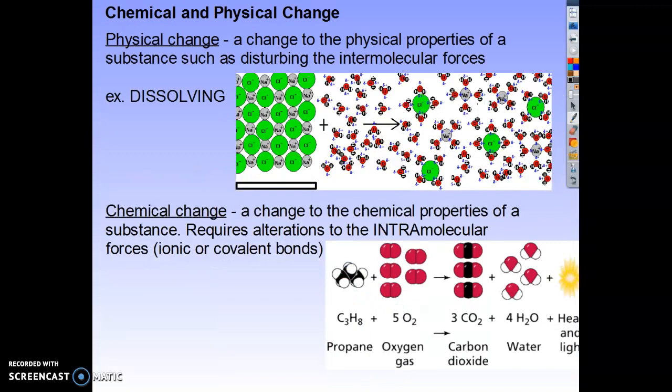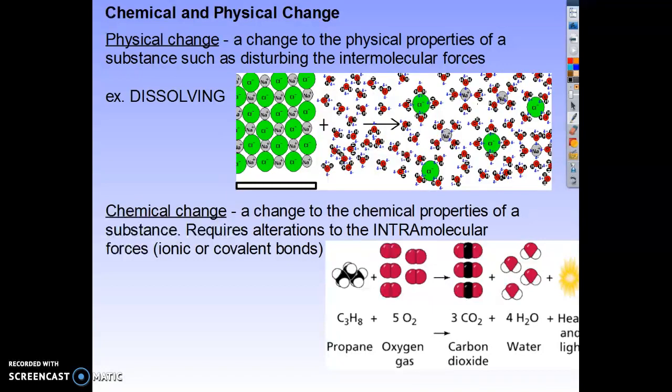Okay, so to also understand a little bit of why we're going to be thinking about the energy involved and the strength of bonds, we need to understand the difference between physical and chemical changes at the molecular level. So a physical change is some sort of change to the physical properties of the substance, and one thing that this could involve that's related to what we're talking about is disturbing the intermolecular forces.